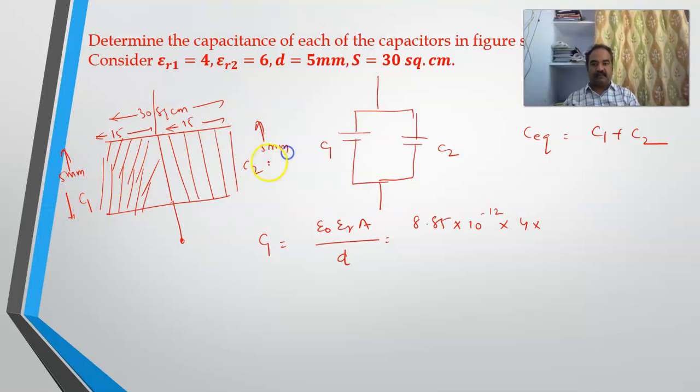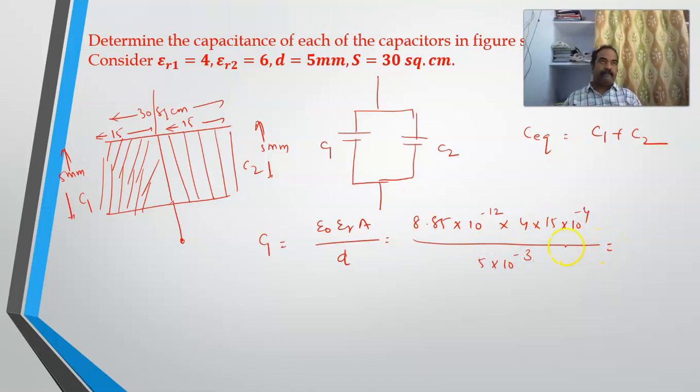If I substitute this, I get 4 into 15 into 10 to the power of minus 4 by 5 into 10 to the power of minus 3. So 8.85 into 4 into 15 divided by 5 is 10.62 microfarad.